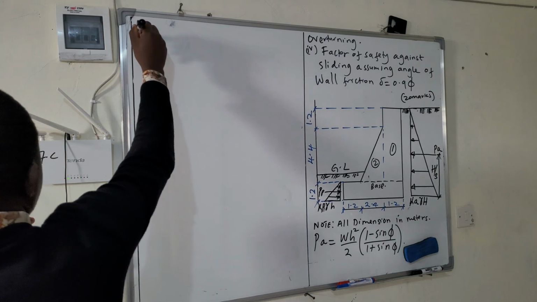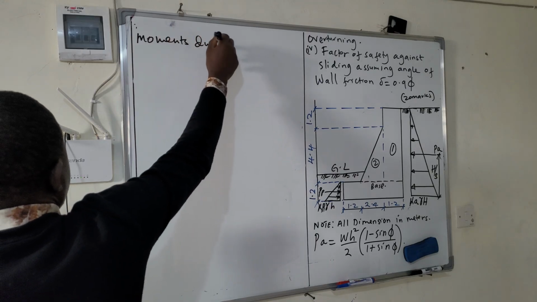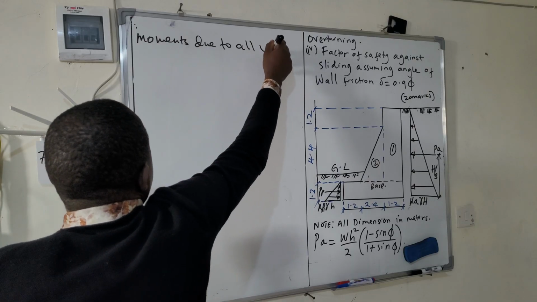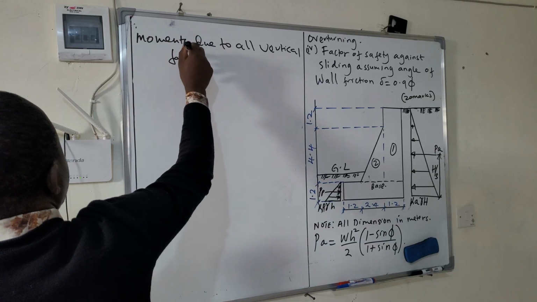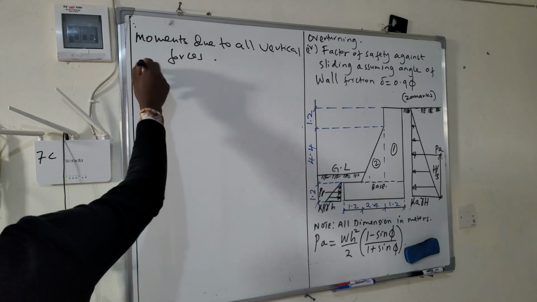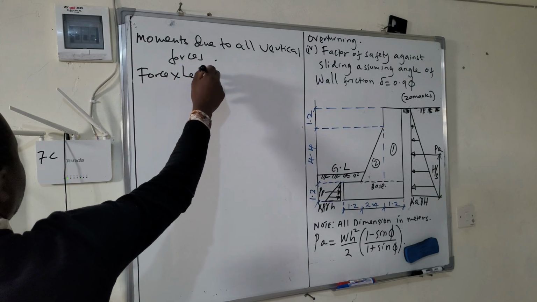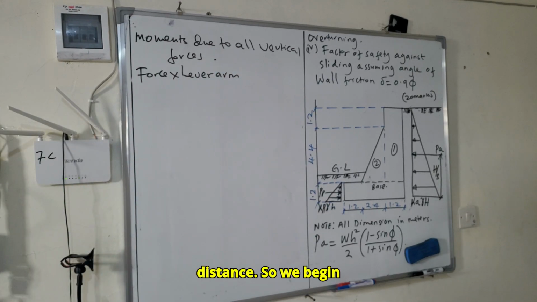So moment due to all vertical forces is given by force times lever arm or perpendicular distance.